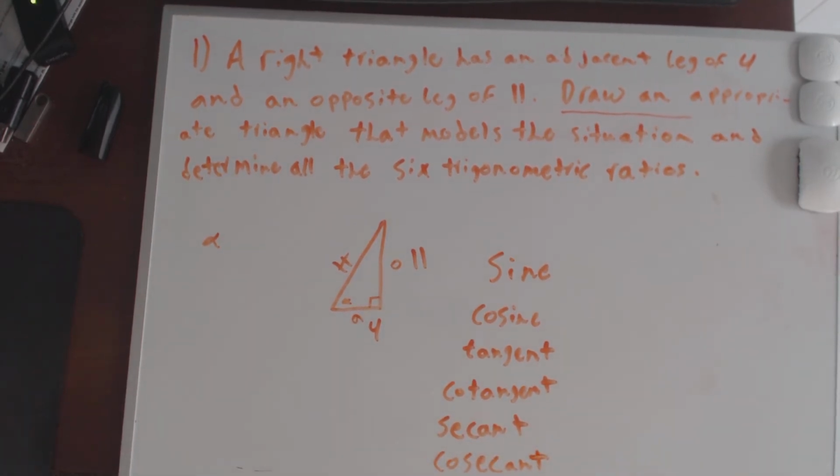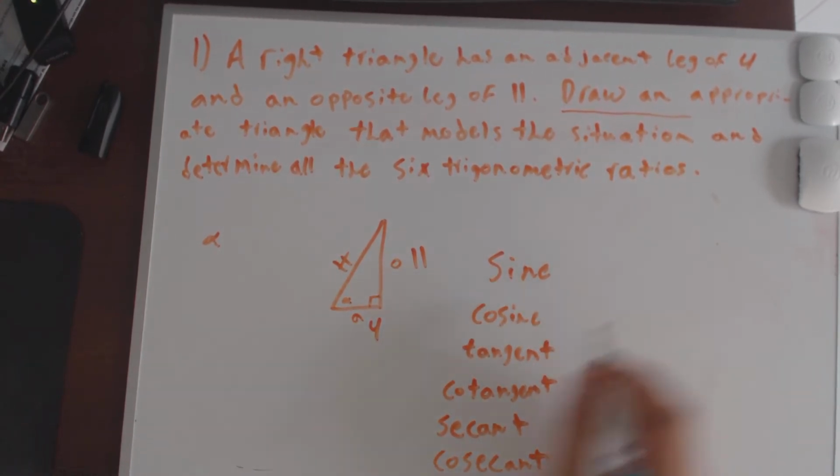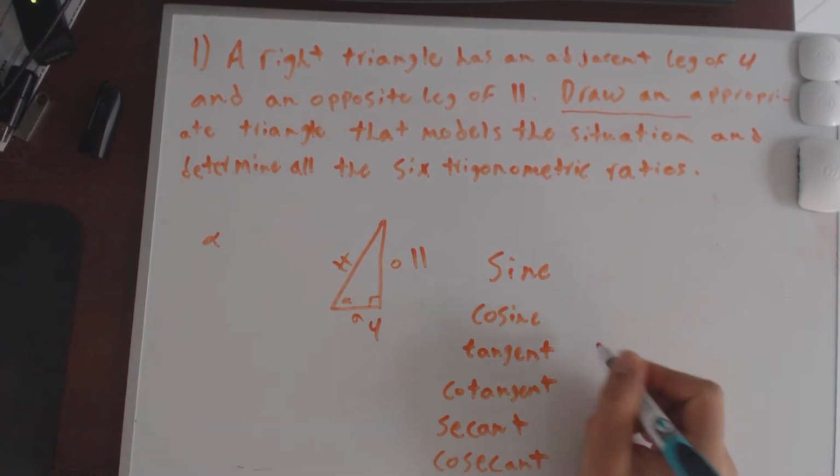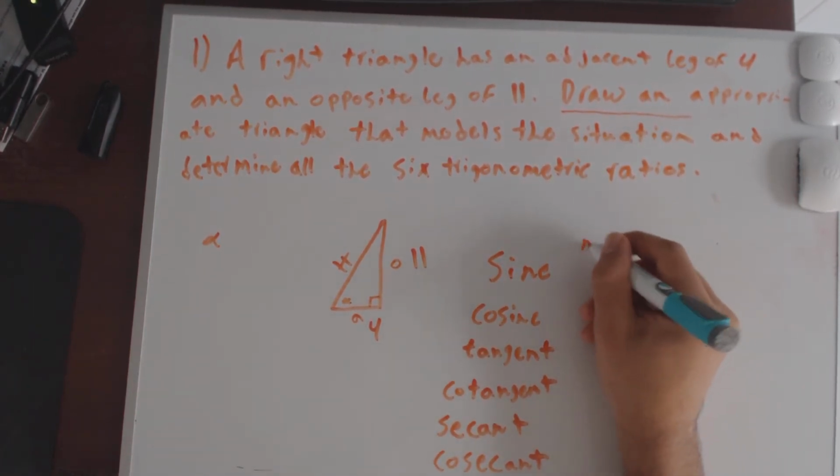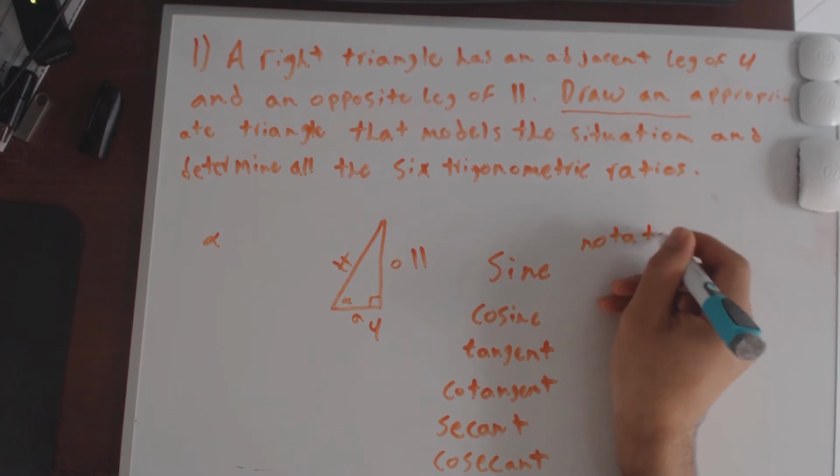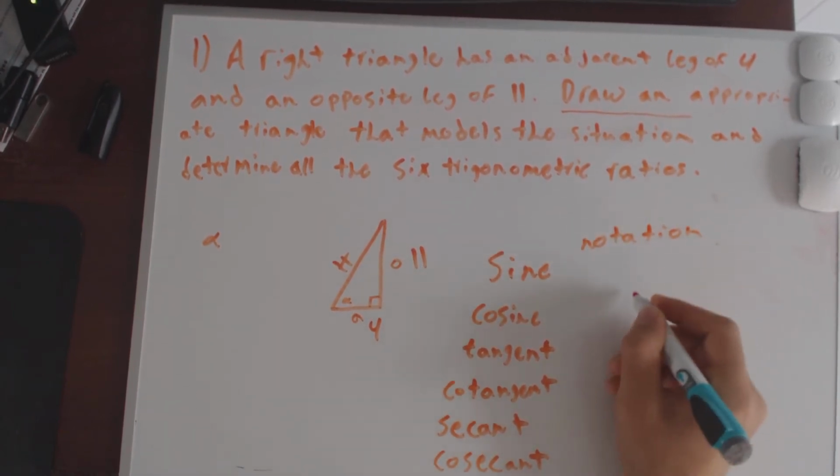Okay. And the notation for all of those 6 ratios will use alpha, because we used it here.